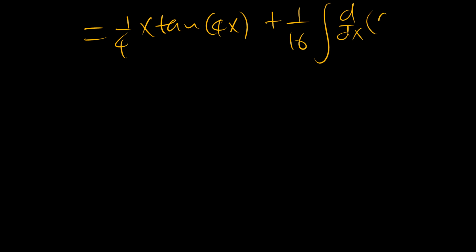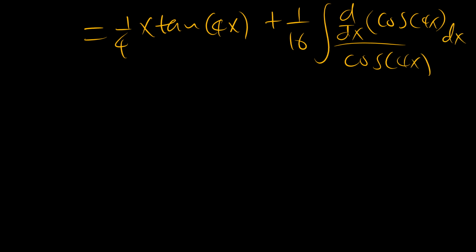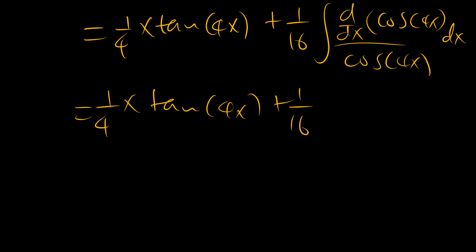Now we have cosine 4x over cosine 4x, and we can use the natural logarithm of cosine 4x plus the integration constant.